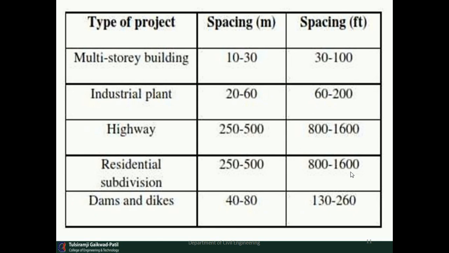For an industrial plant, spacing should be 20 to 60 meters, or 60 to 200 feet. For a highway, the spacing should be 250 to 500 meters, or 800 to 1600 feet. For a residential subdivision, the spacing should be 250 to 500 meters or 800 to 1600 feet.